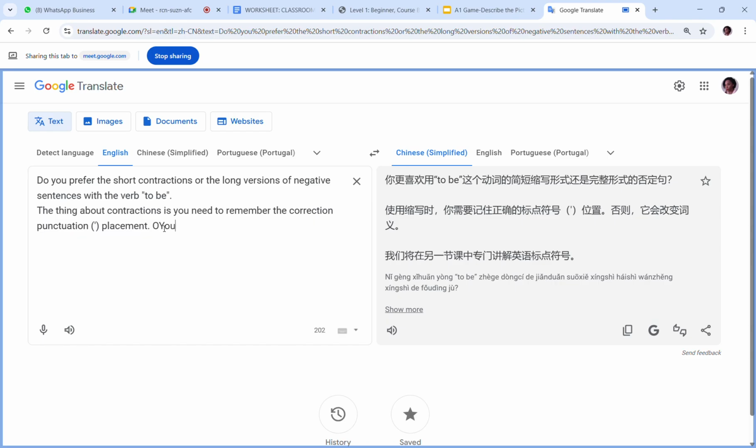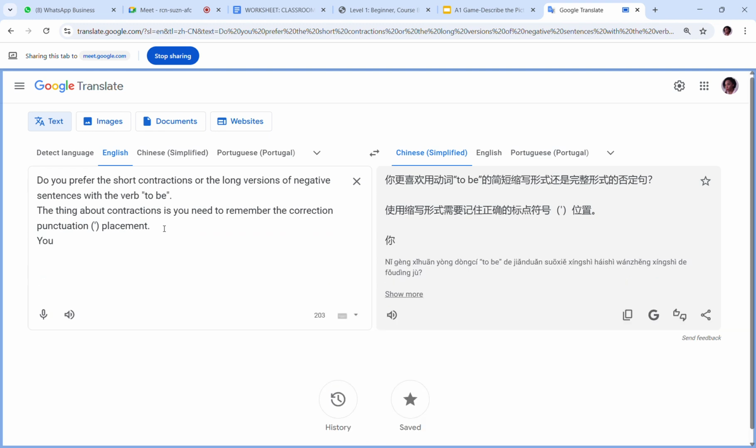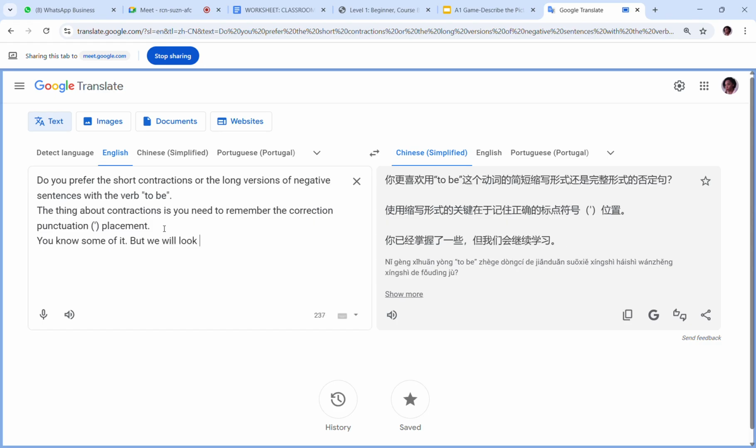You already know some of it, like a comma. But we will look at this in a deeper instruction.